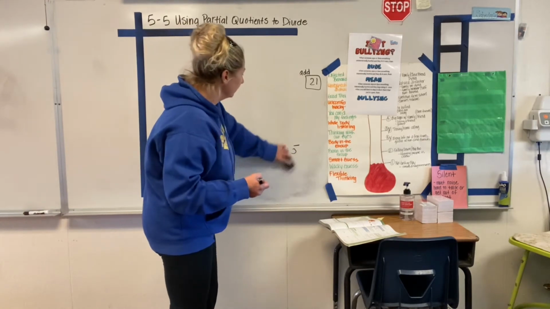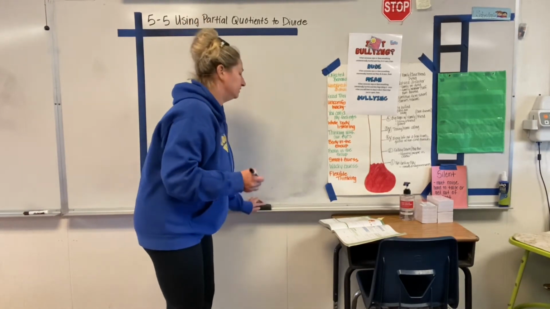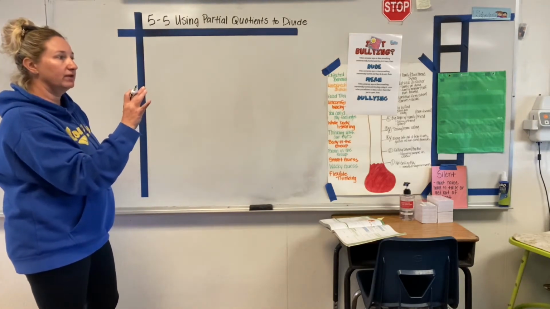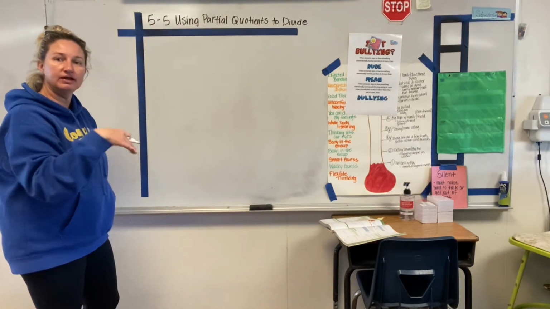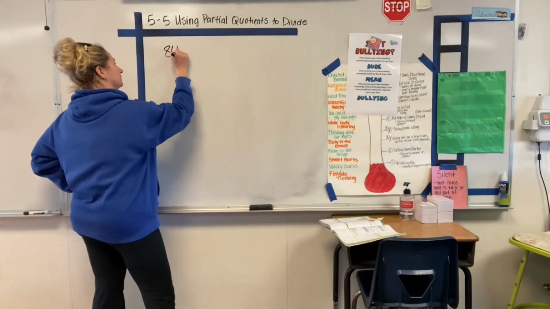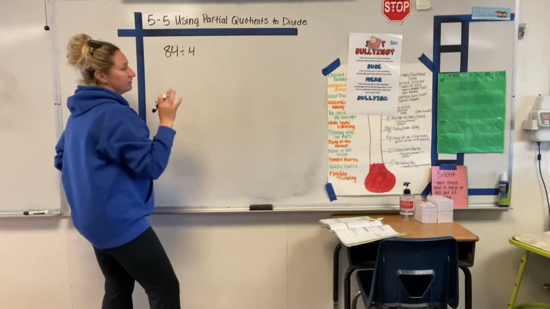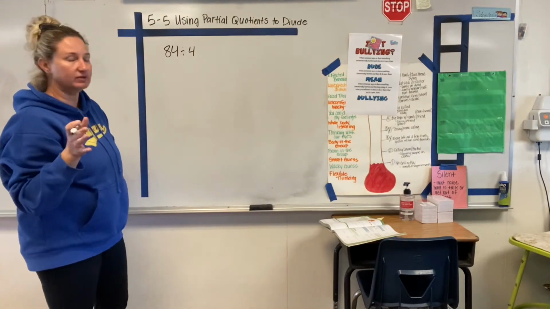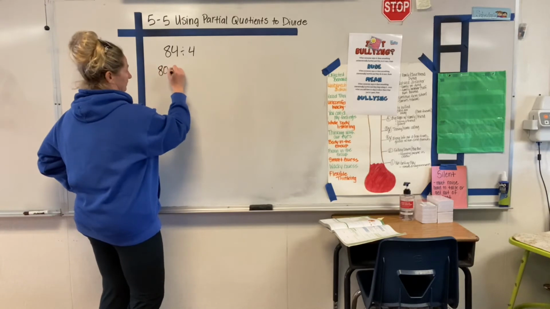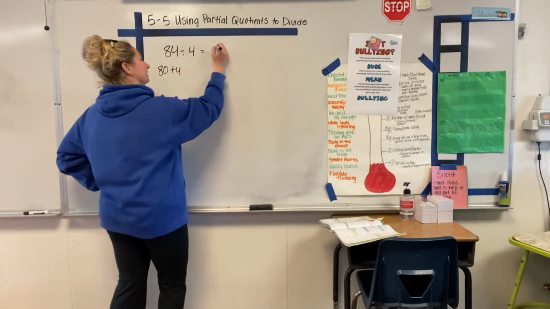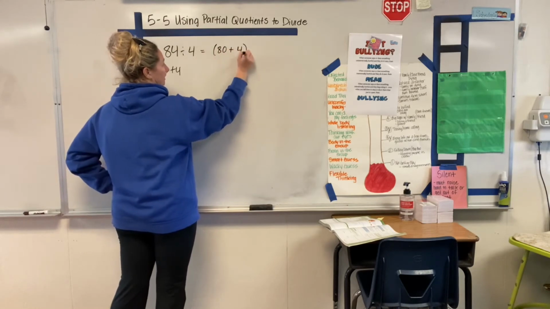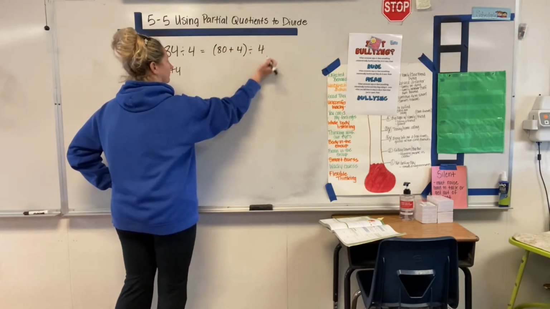Or I can do the distributive property, and I'll do it without a picture, and then I'll add the picture in so you can see. So it was 84 divided by 4. For the distributive property, I don't have to write it vertically. I just have to break apart 84 into 80 plus 4, so that's 80 plus 4 divided by 4.